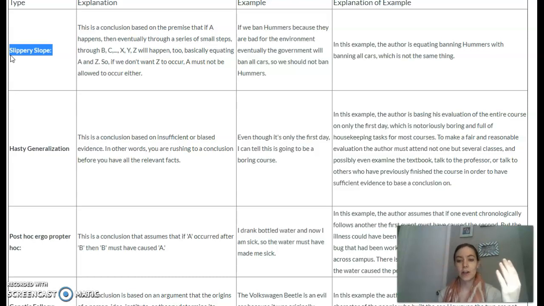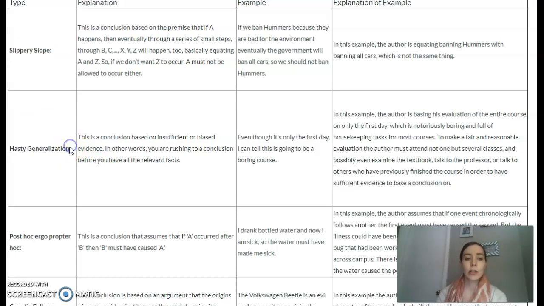Instead of A causes B, you jump over all the options and you end up with something really drastic at Z. So for example, anytime you're like, wow, that escalated quickly, that's an example of slippery slope.